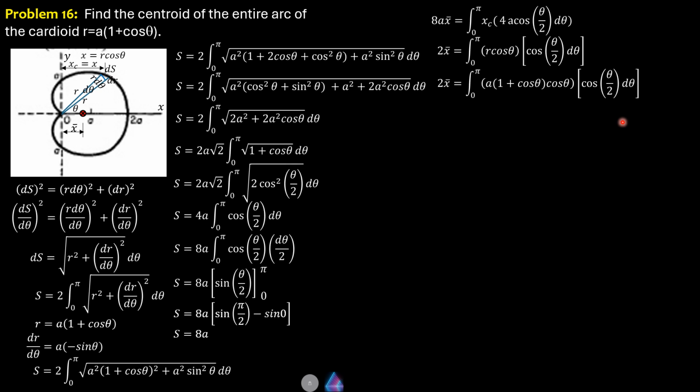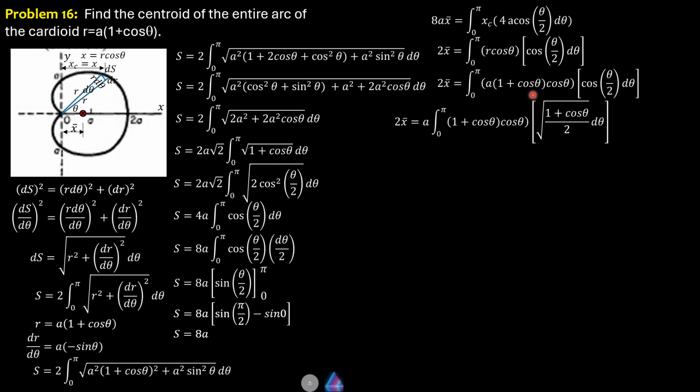So simplifying, let's think of identities which will make the integrand integrable. So that would be 2 x bar equals a. Then we replace this back to square root of 1 plus cosine theta over 2, which is cosine theta over 2 here. So 2 x bar equals a.